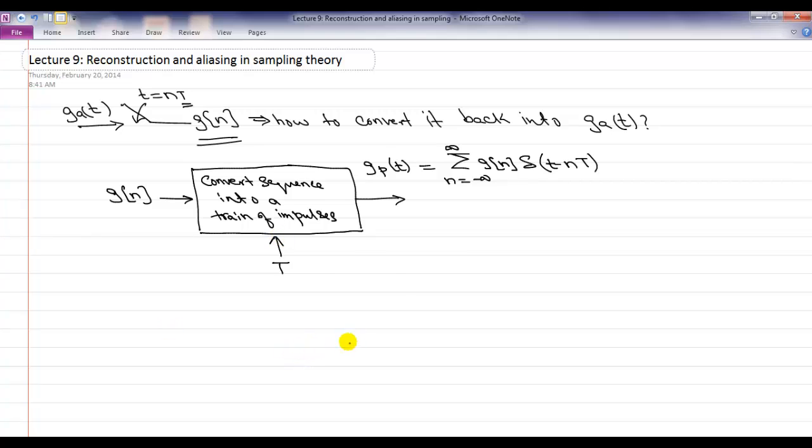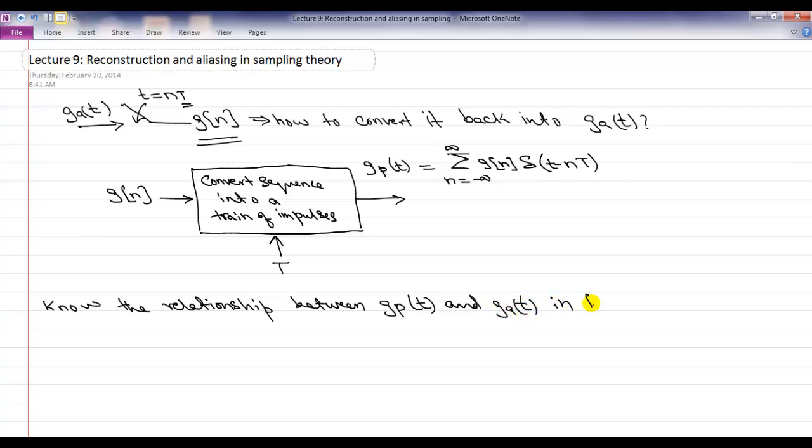So we know the relationship between Gp(t) from our previous lecture and Ga(t) in the frequency domain.